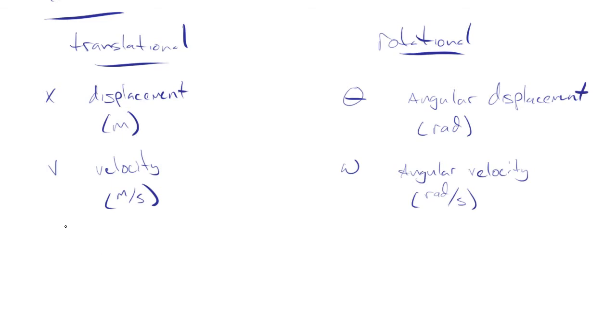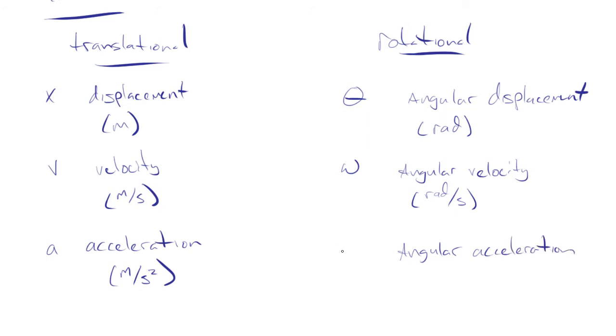Finally, in translational motion, we cared about acceleration, with units of meters per second squared. In rotational motion, we have an angular acceleration. We assign the Greek letter alpha to angular acceleration, and it has the units radians per second squared.